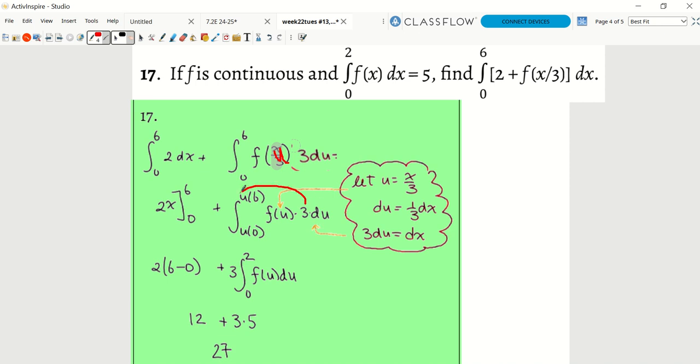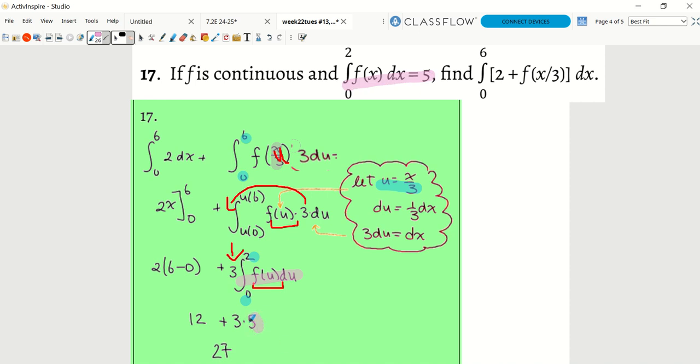The 3 gets extracted here, which is what we got here, f of u right there. 6 and 0 get converted to 2 and 0 based off of this, and this ends up being given to us right here.